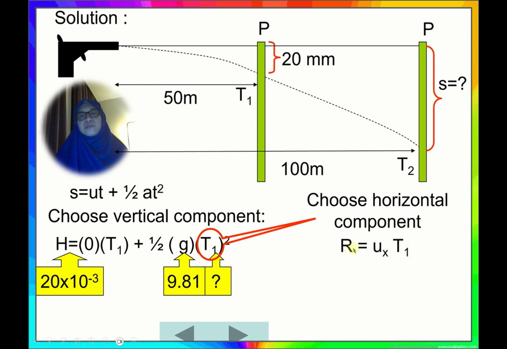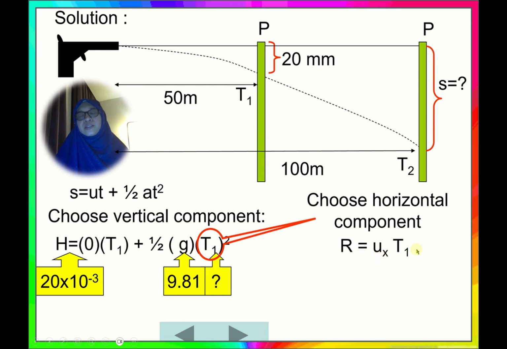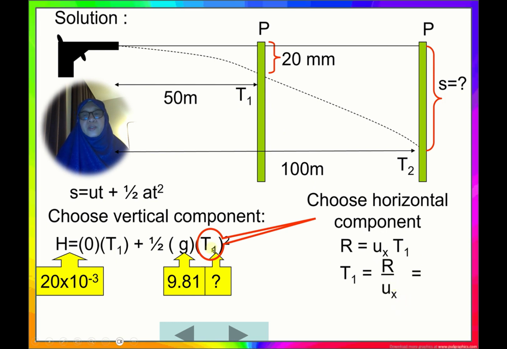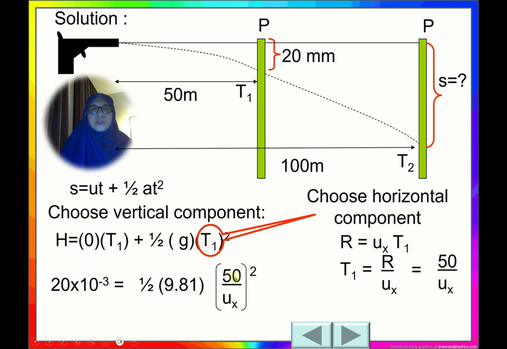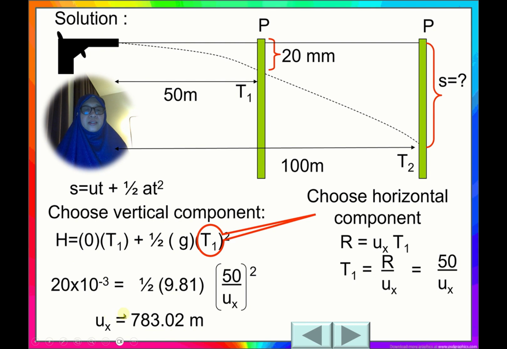So the range is 50, and then you must use the initial velocity X component, times the T1. So you get T1 equals to R over UX. So you can substitute this into here. Okay, so R is 50 over UX, so you substitute into here, so you get this value. Don't forget the square.